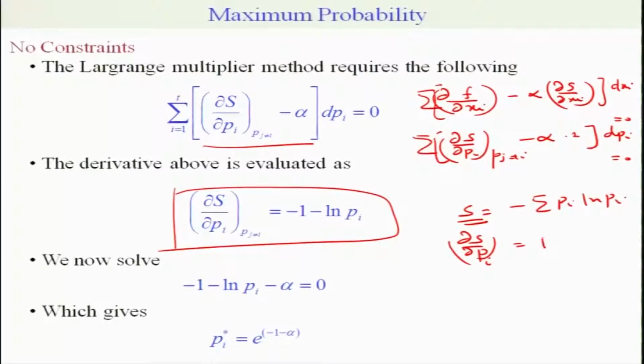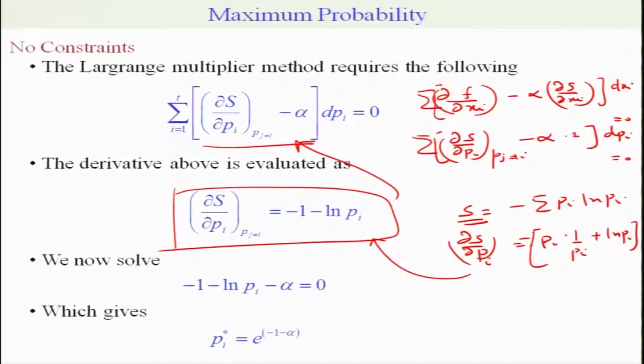So, this is going to be minus pi times ln pi, differentiated.